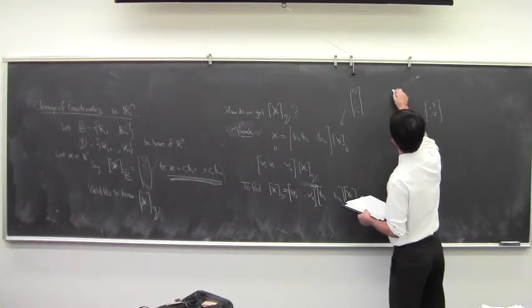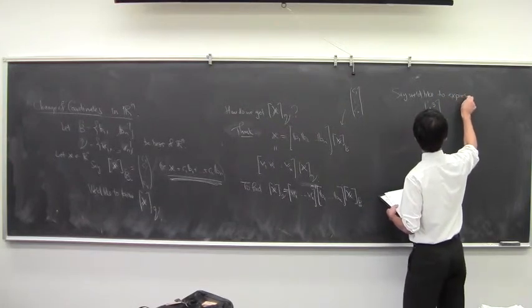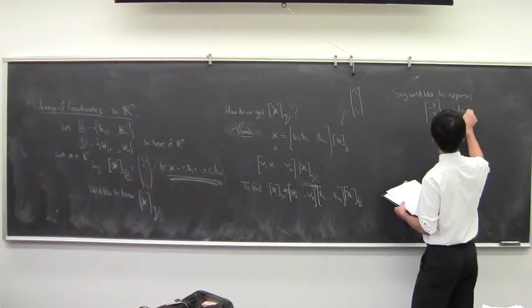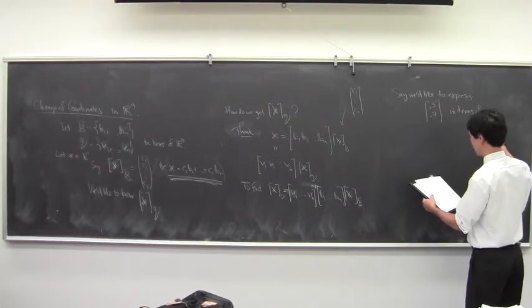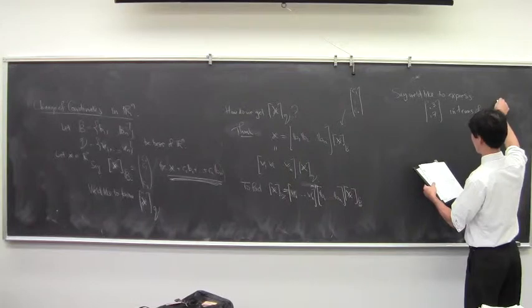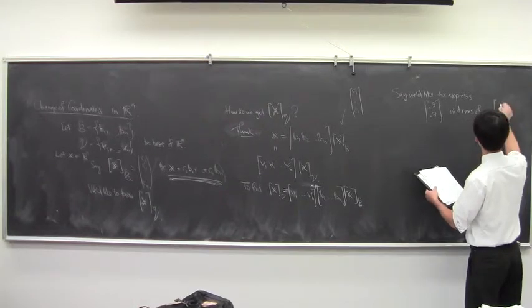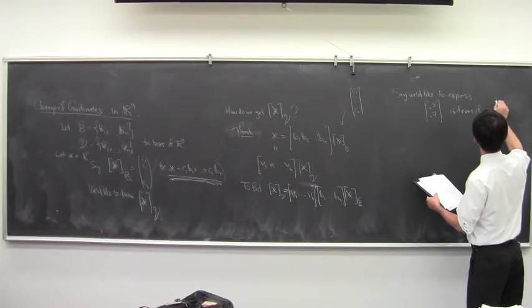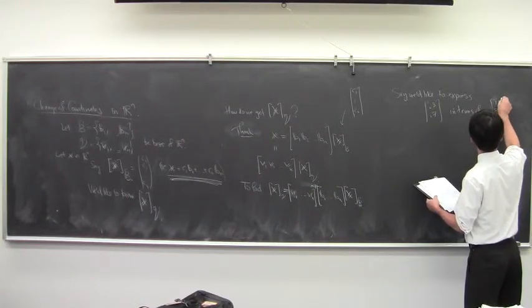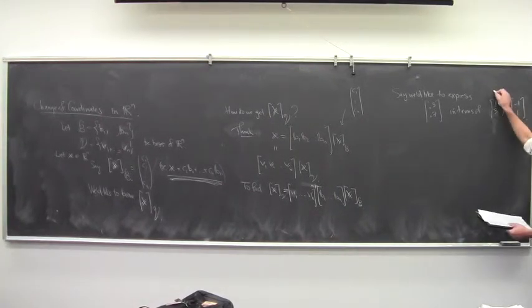And suppose we'd like to express this thing in terms of the u guys, which were 1, 3 and negative 1, 1. This was U1, and this was U2.